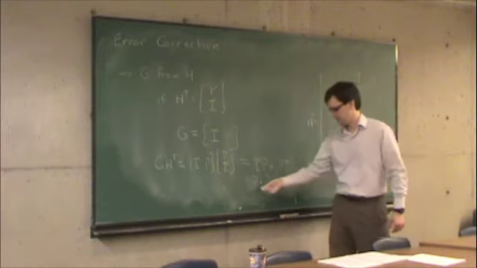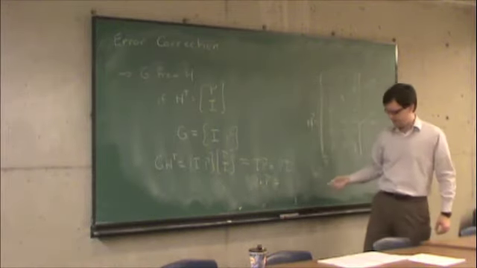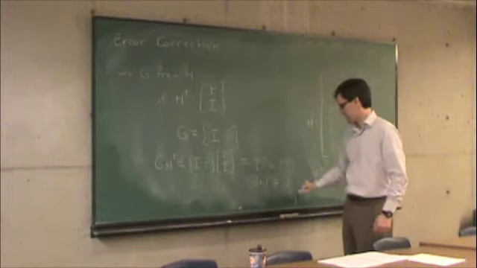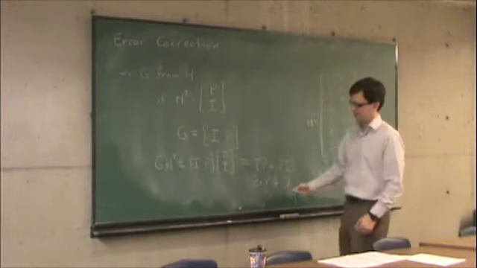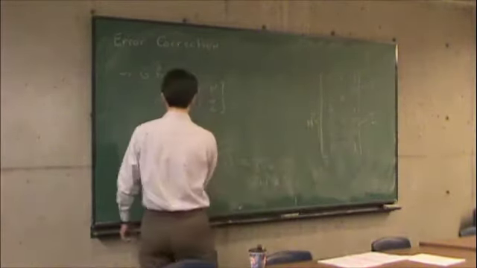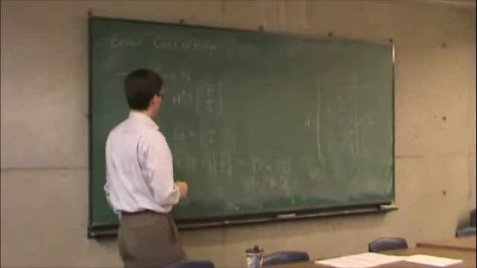If I have the same matrix and I add it mod 2 to itself, that's equal to 0. So that satisfies my criterion for G and H: G H transpose has to equal 0, and that's exactly what happened.